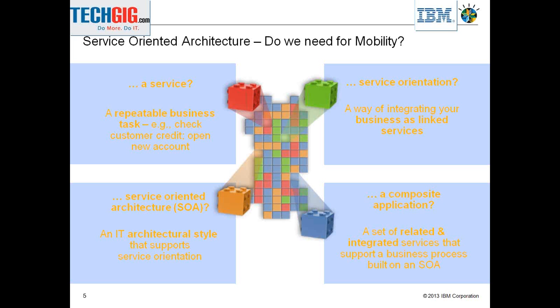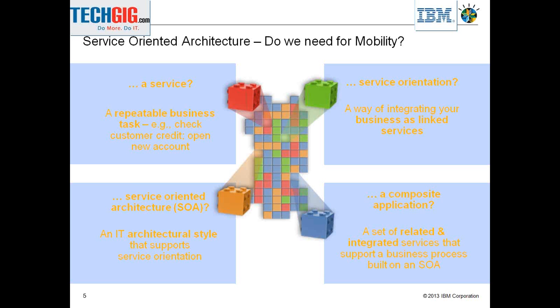Service orientation is a way of integrating your business as linked services. So an orientation is a way, right? We integrate a set of services. For example, if I'm developing a mobile online shopping application, like eBay or Amazon, on any smartphone device, when you launch the application we perform a set of operations in a flow.